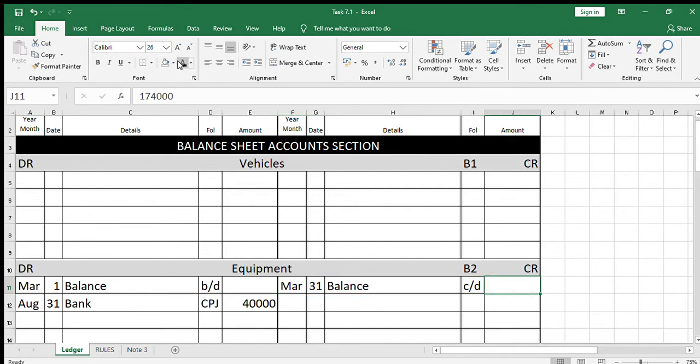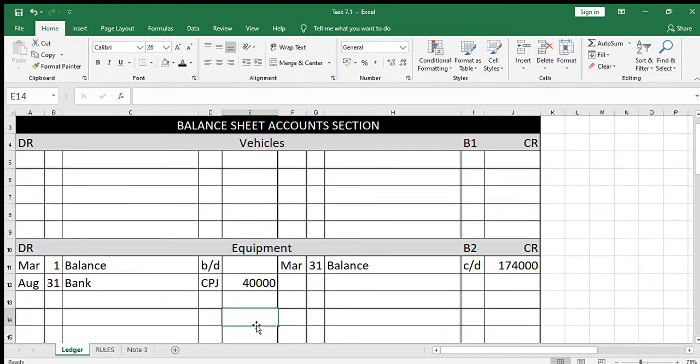Okay, so 174,000. And we're going to basically work backwards to find the balance brought down. So we'll put in 174,000 on both sides, and work out the balance brought down, which is 134,000.